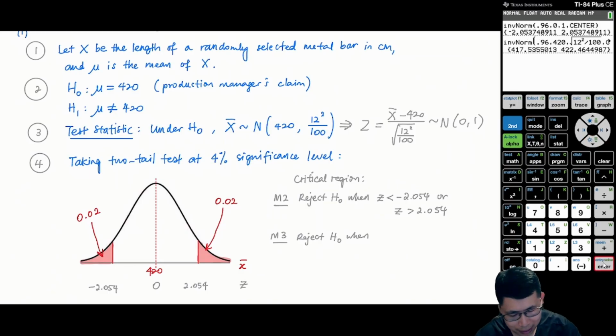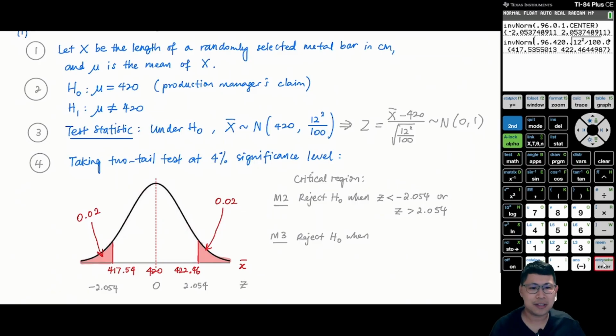Okay, so my numbers over here, this one over here would give me 417.54. And on the right over here is 422.46.